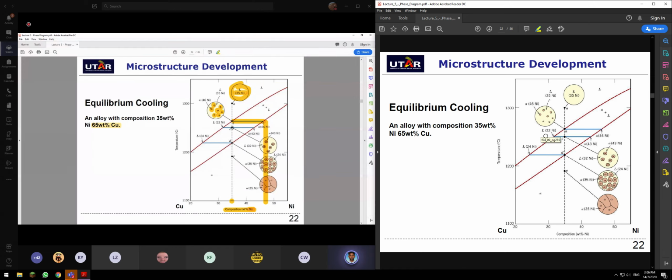It reaches here. At this point, the microstructure looks something like this. You have growth in alpha solid, 43 weight percentage of nickel, and a liquid having a composition of, you draw another tie line here, at 32.